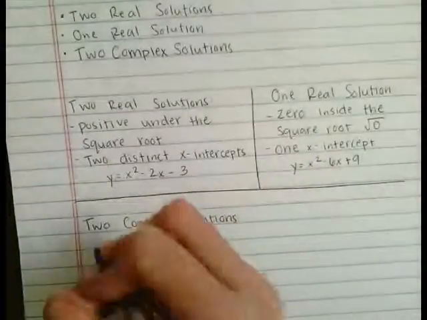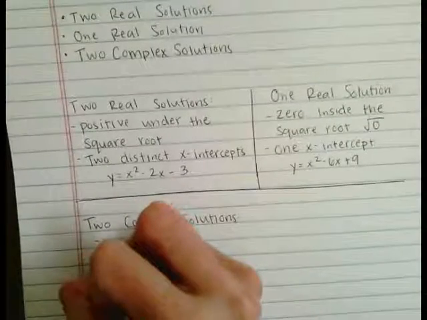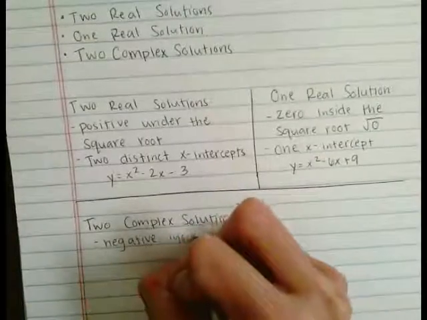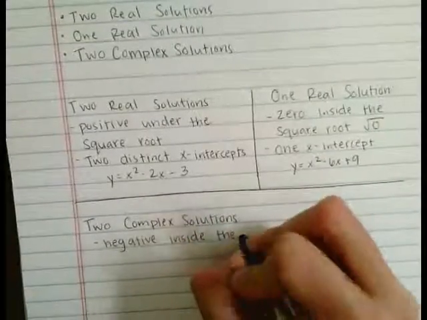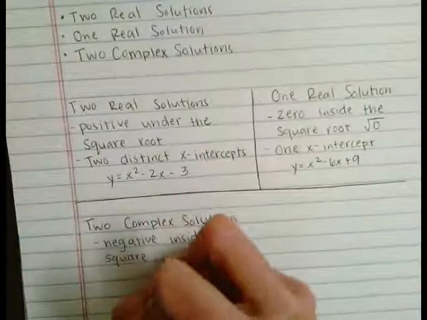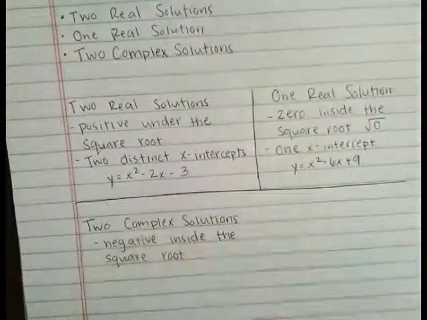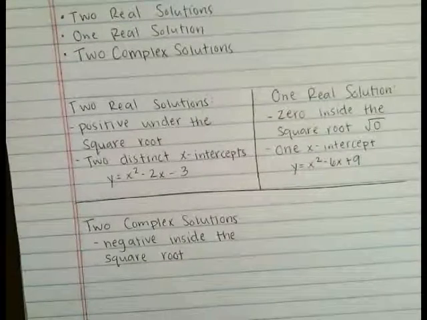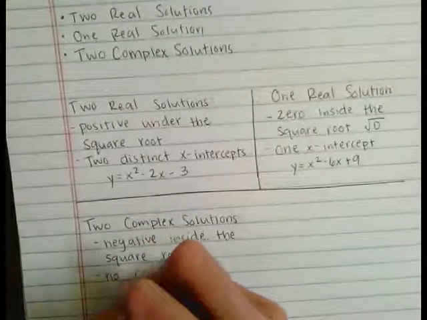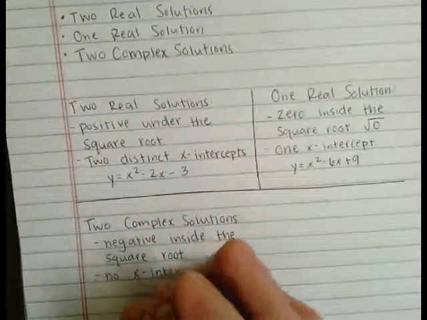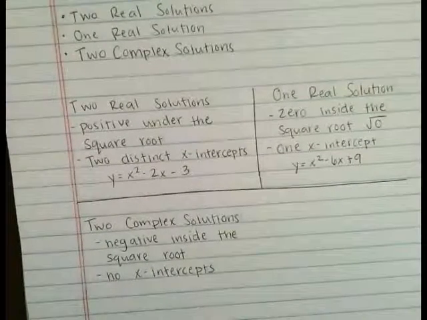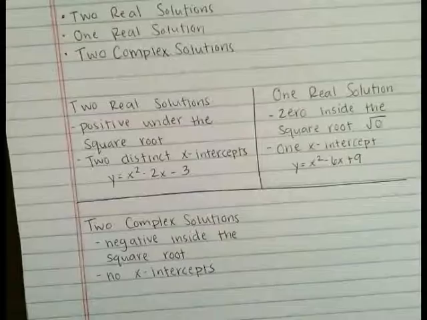The two complex solutions, that means that there is a negative inside the square root. Okay, and there are no x-intercepts.